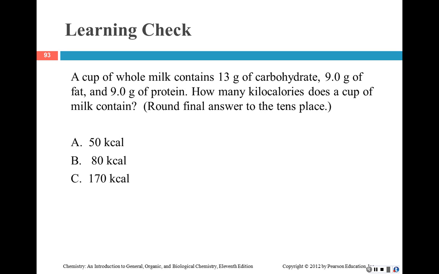So remember, you've got 4 kilocalories per gram of protein, and 4 kilocalories per gram of carbohydrate, and 9 kilocalories per gram of fat. So you have a conversion from grams to kilocalories for each of those, and then you add the 3 up and get your answer.